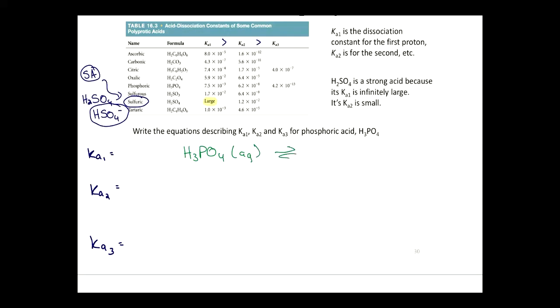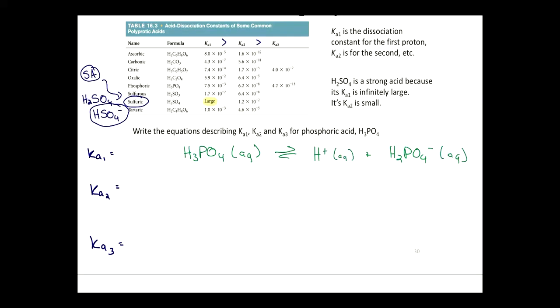Notice how this matches the exact same weak acid equation that we've been working with before. HA becomes H plus and A minus, where only the first proton comes off, so you get H plus, aqueous. And the other thing that's left behind is H2PO4 minus, aqueous. Notice how it is atom balanced and charge balanced. So that's the first proton coming off.